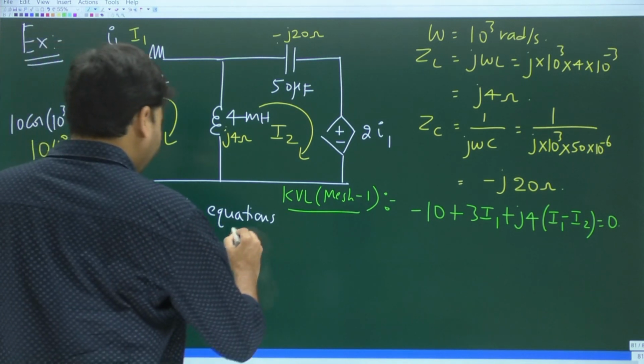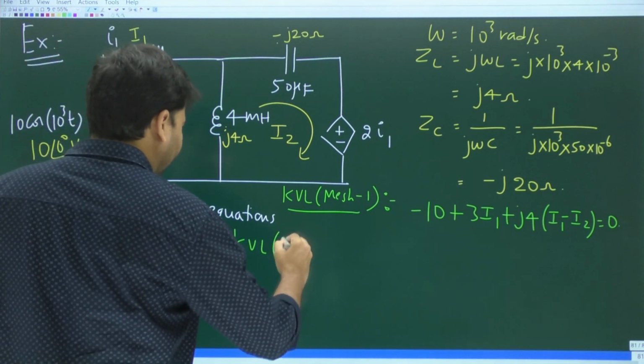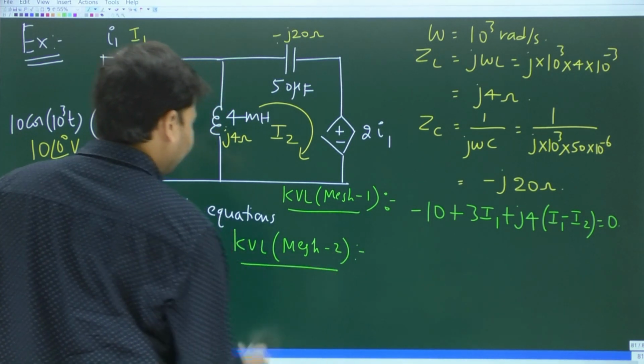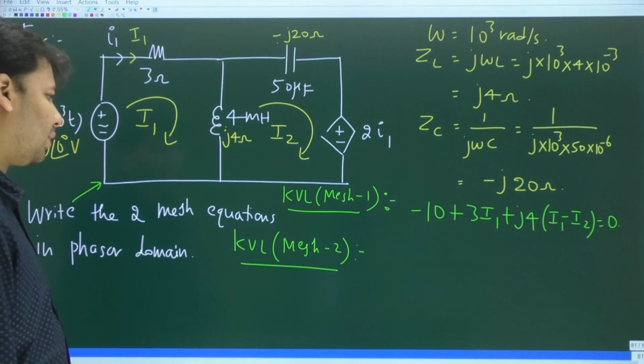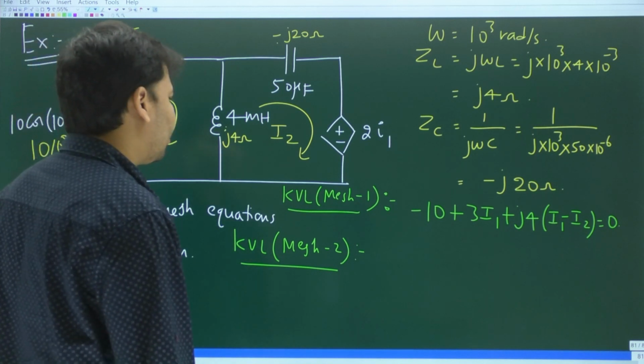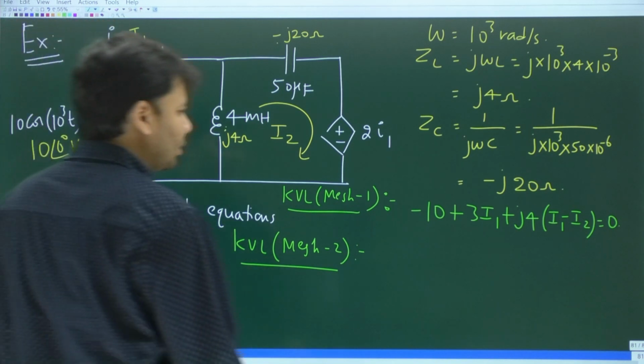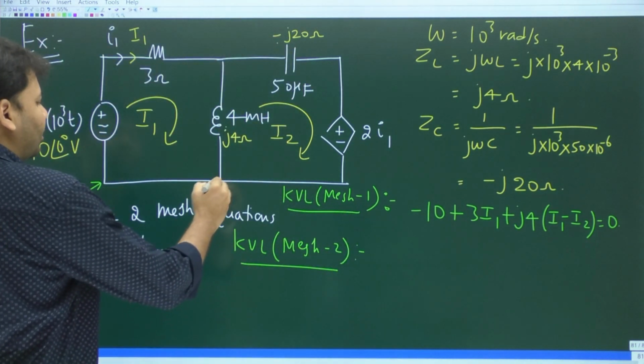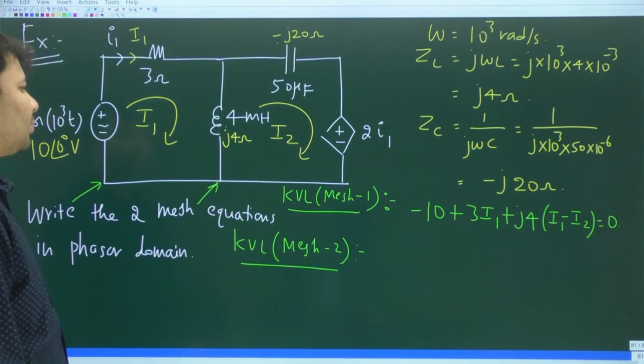In the same way, we can also write KVL around mesh 2. So what is KVL going to be around mesh 2? Again, to write KVL around mesh 2, let us start from this point.